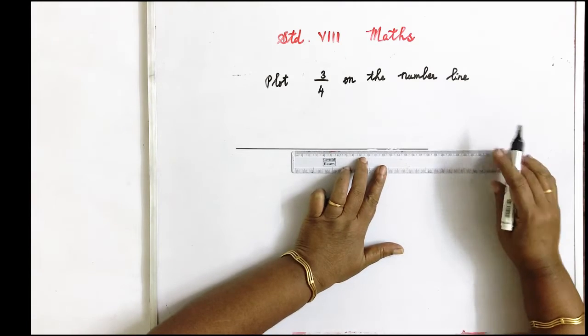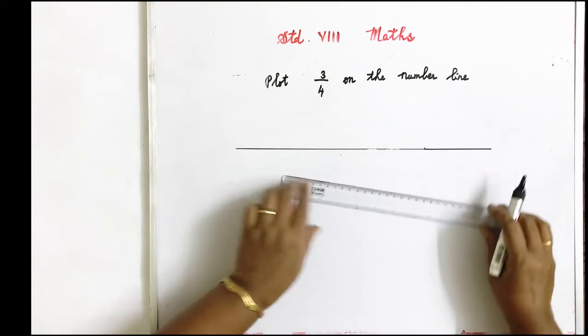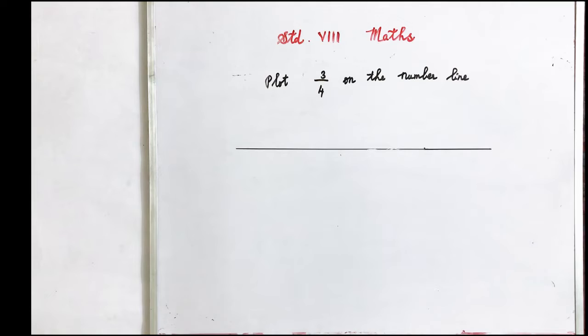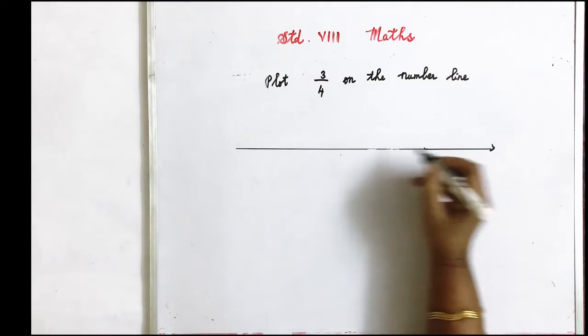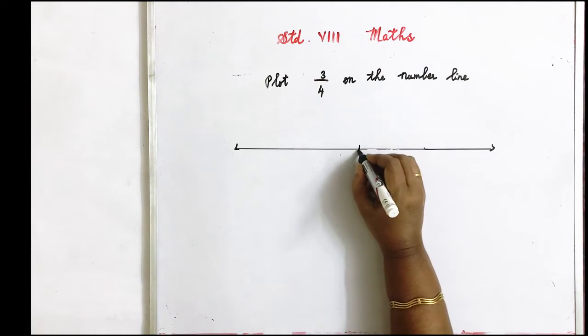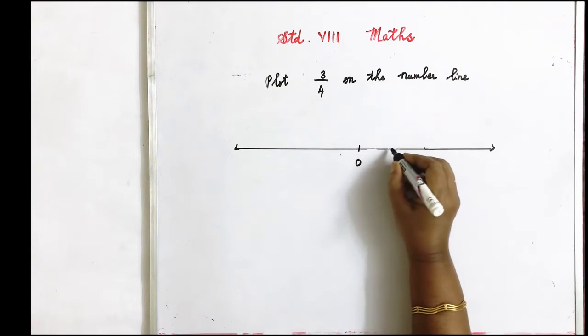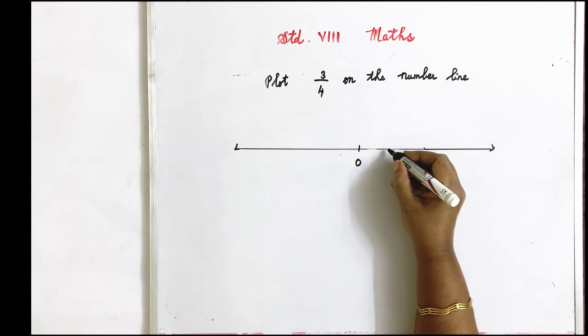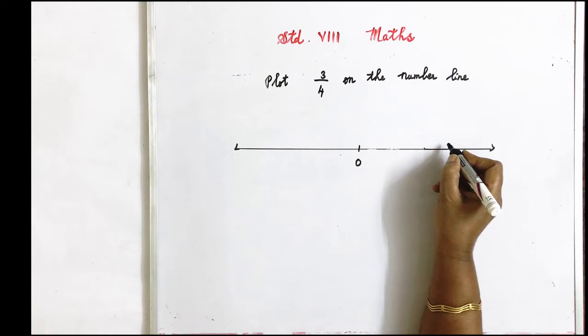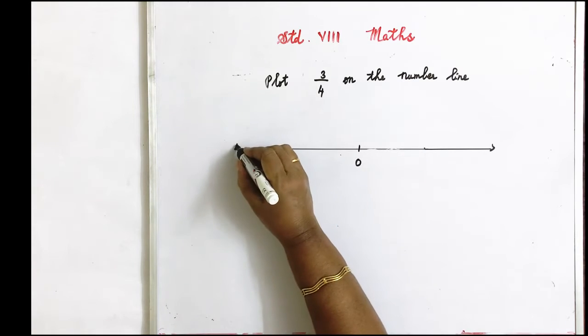First you should draw the number line. In the middle is 0, and on the right side of 0 we first mark the integers. Right side positive integers, left side negative integers.